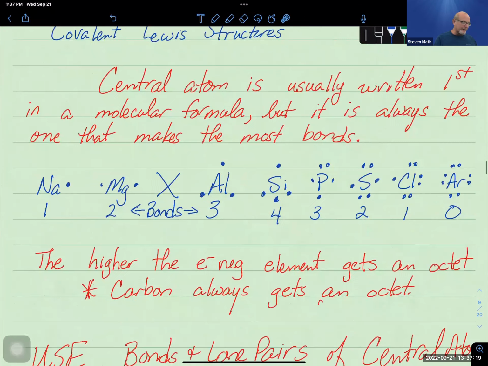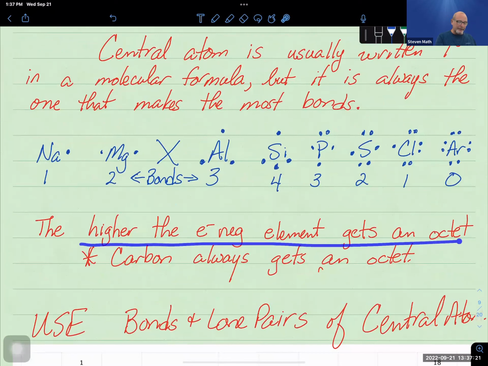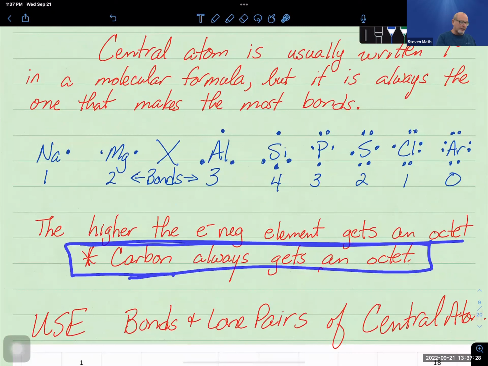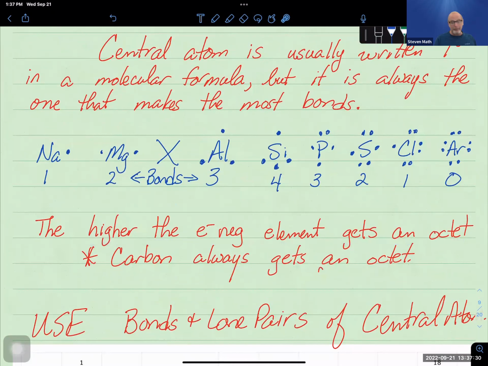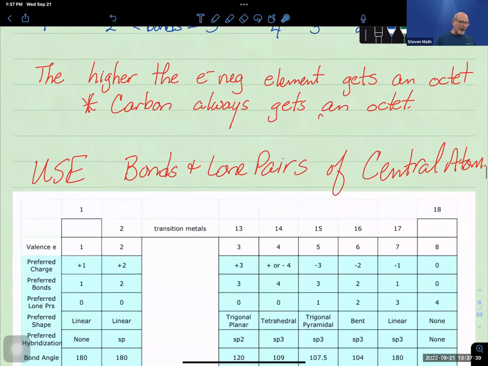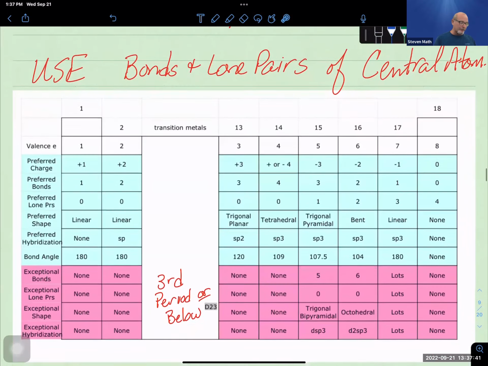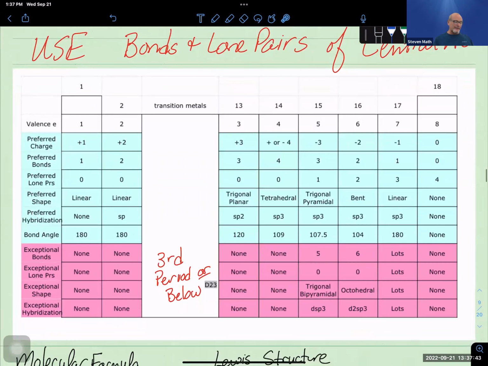So keep in mind, the higher electronegative element will probably get an octet, and carbon always gets an octet, no matter what. That's like a commandment of chemistry. Carbon must get an octet. So we're going to use bonds and lone pairs of the central atom. Now, this little table is a dandy little jobby to have. It's called the bonding Magna Carta. And this is a Smathism.